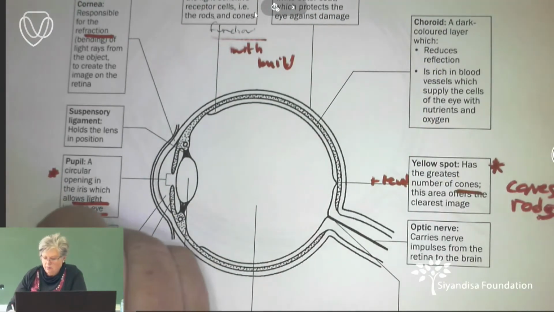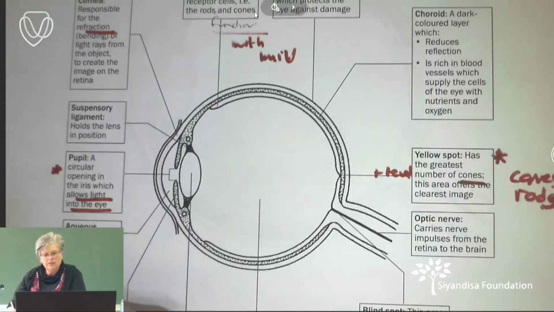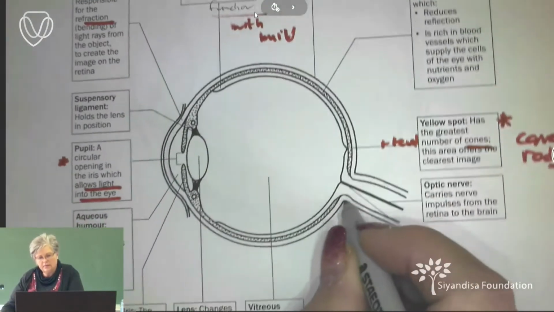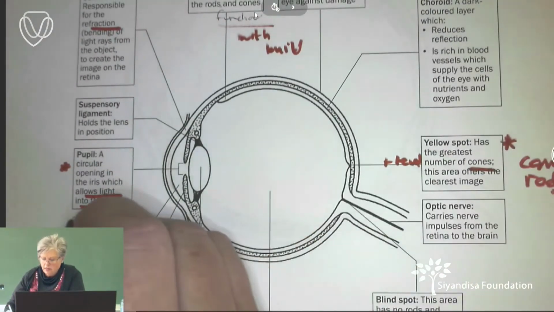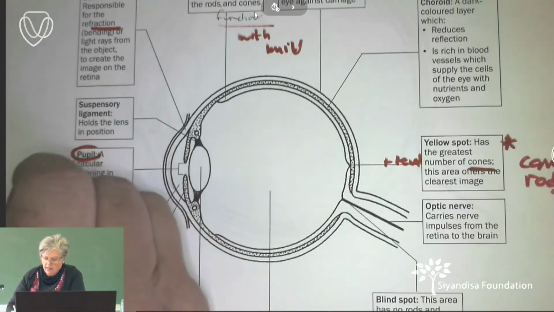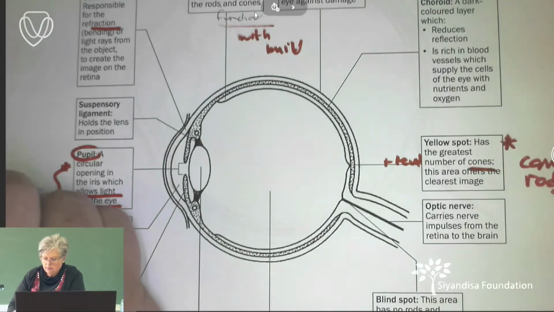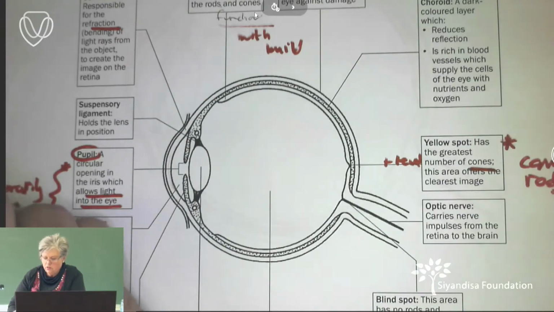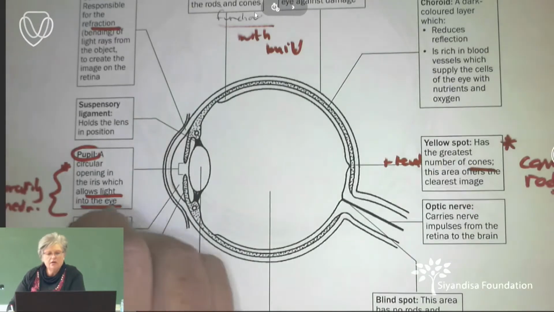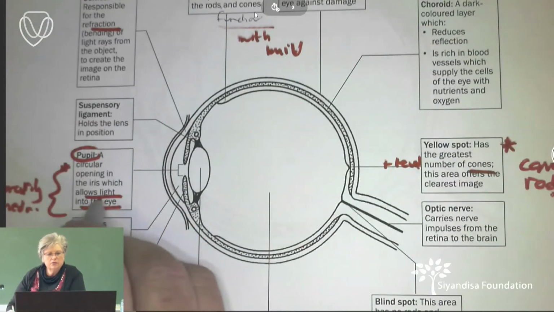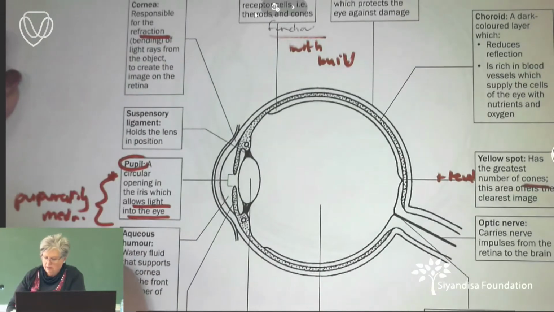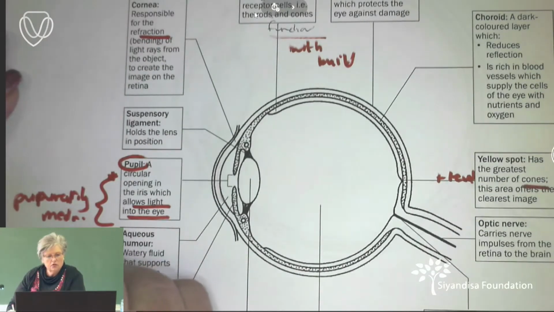So the moment you see how much light is in the eye, then you know it's the pupil. And that's why you link the pupillary mechanism to the pupil, because it has to do with vision in light and vision in dark.